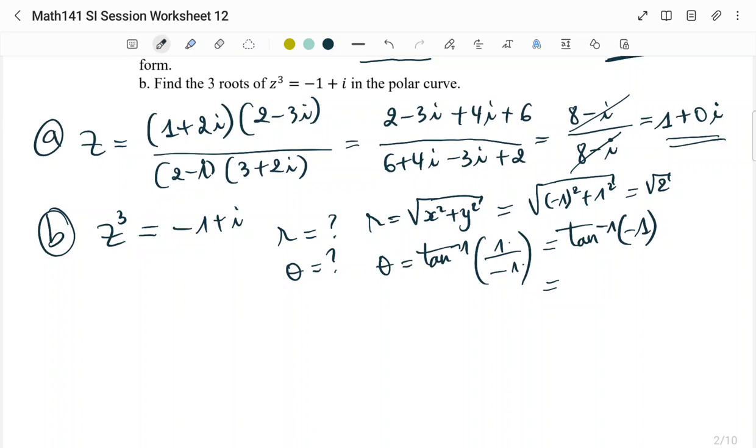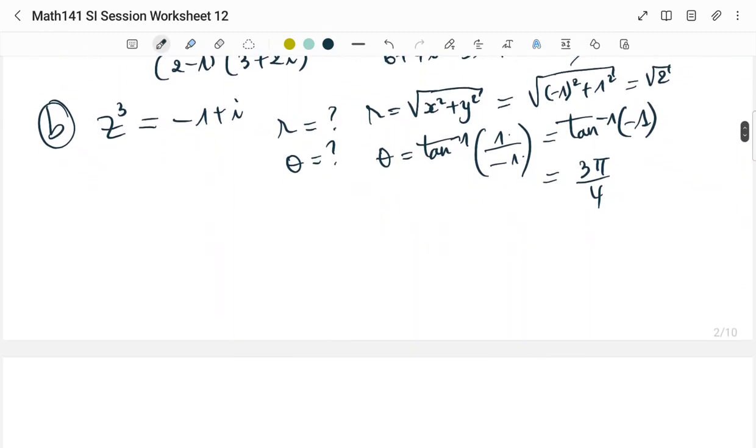So it's a multiple of pi over 4 in the second quadrant, and that is equivalent to 3 pi over 4 if you actually do the calculation. Now that we have r and theta, we can find the roots.